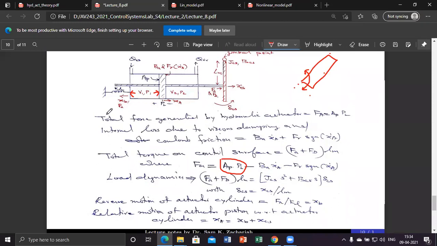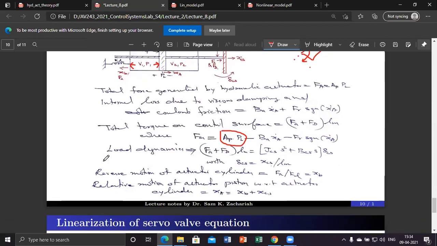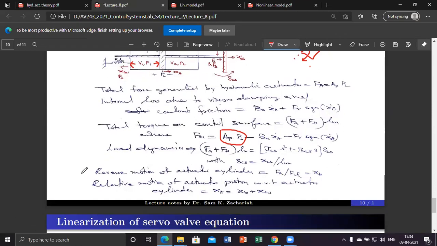And finally, what is this hatched point? There is no such point there. Truly speaking, we have to trace back up to the center of mass of the aerodynamic vehicle. Till that point, you have to consider all the stiffness path. That is the right approach. So the relative motion of the actuator piston with respect to the actuator cylinder is XA, it's XB plus XCS.